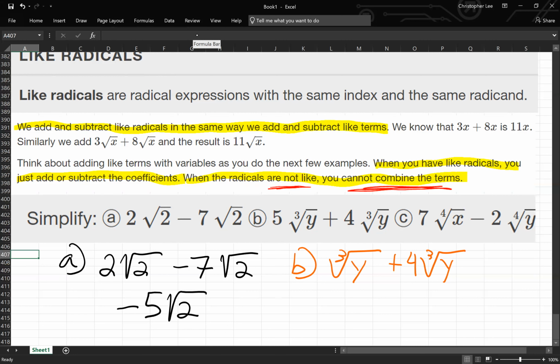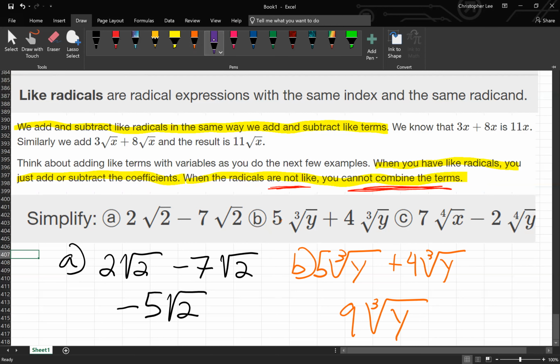So 1 plus 4, this is 5 cube root of y, huh? Wow. My fault. This thing was hidden. My fault. All right. So 5 plus 4, 9 cube root of y. There we go. It's simple. Promise you, it's going to be a simple one.